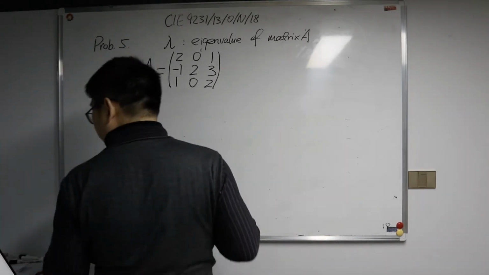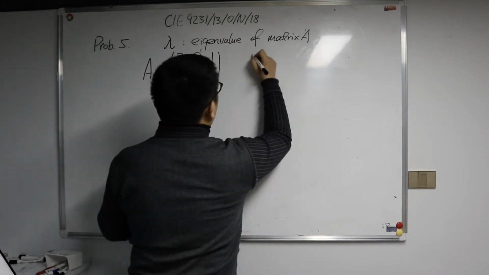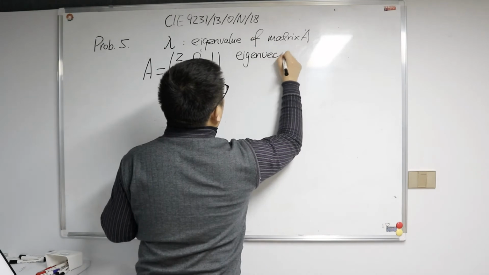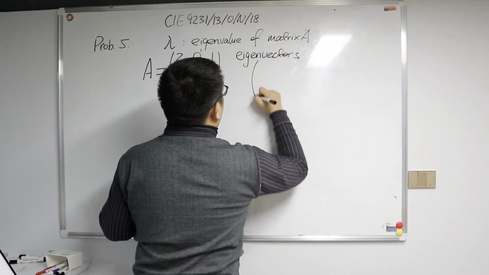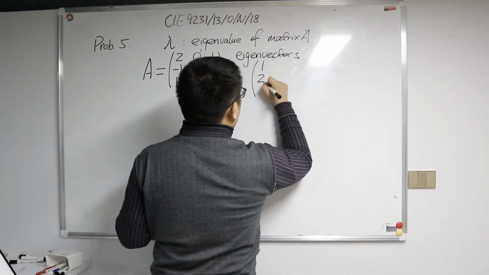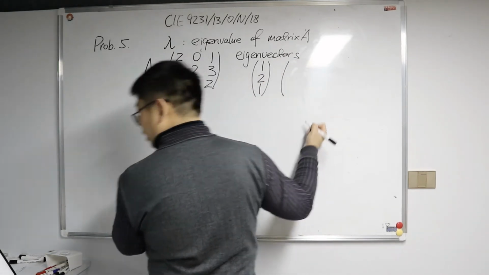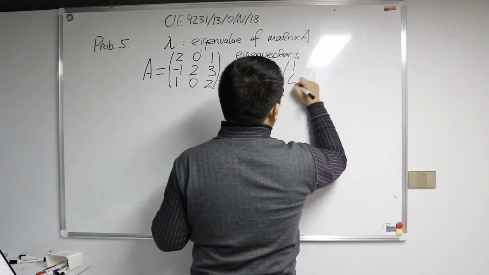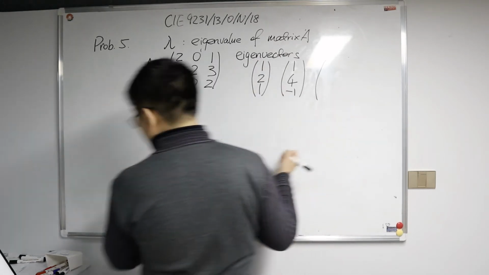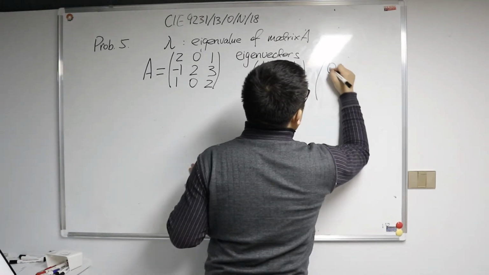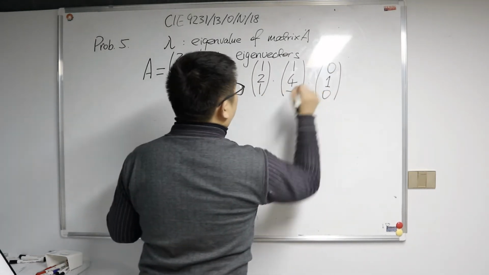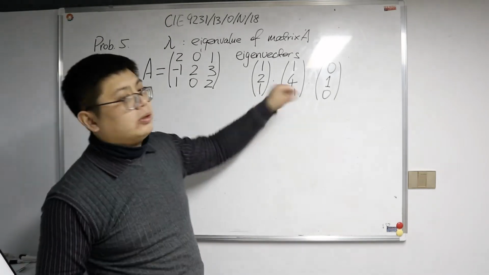And we are told the three eigenvectors, and obviously they are linearly independent. They are (1, 2, 1), and (1, 4, minus 1), and (0, 1, 0). Then we are asked to find the corresponding eigenvalues.